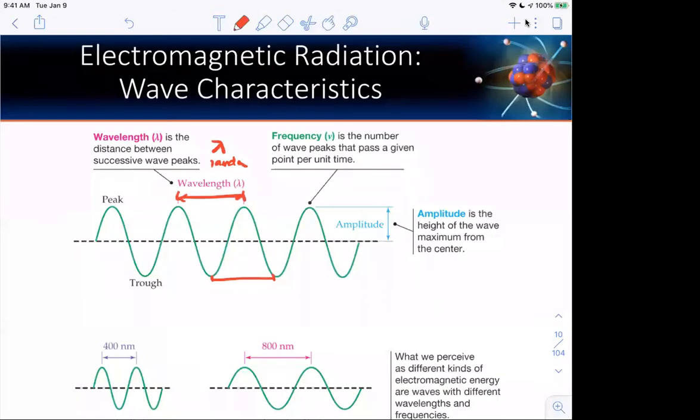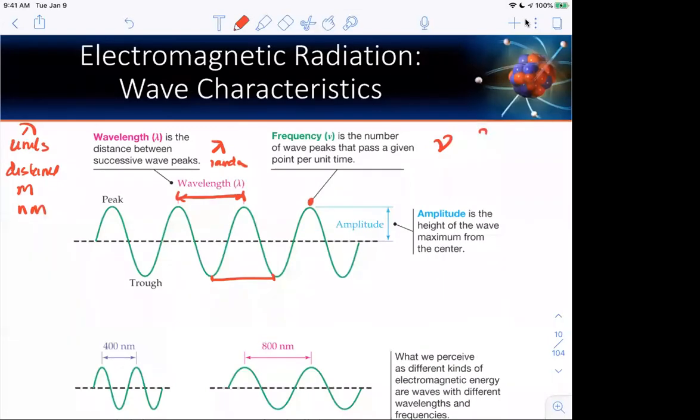Frequency is if I measure the number of waves, the number of peaks, that pass a given point per unit time, I'll get the frequency, which is nu, right? So I have lambda and I have nu. Nu is the frequency. The lambda units are going to be distance units, so meter or nanometer.